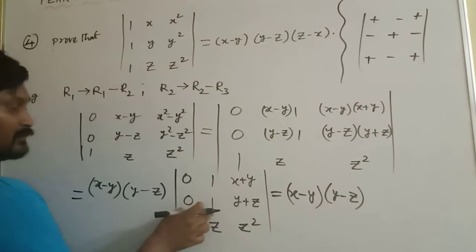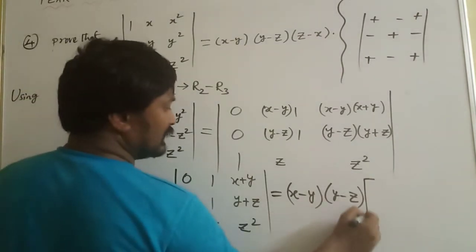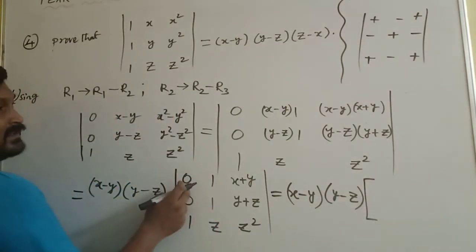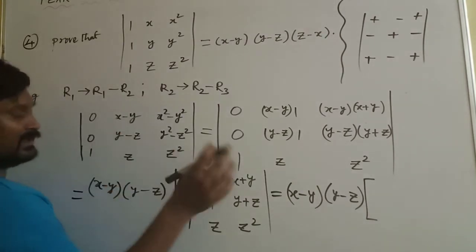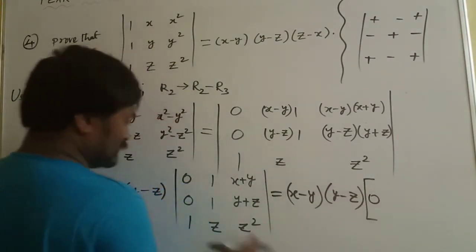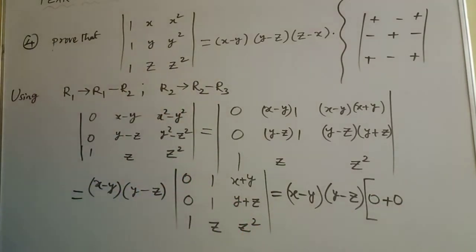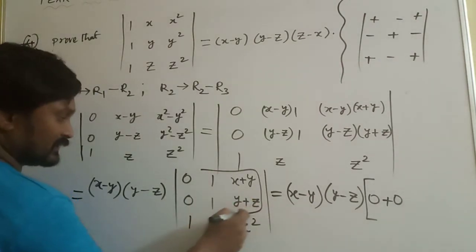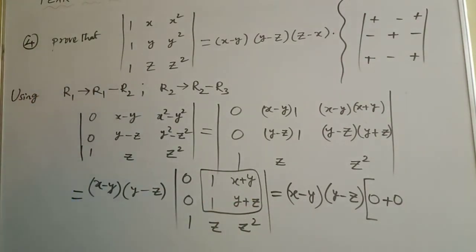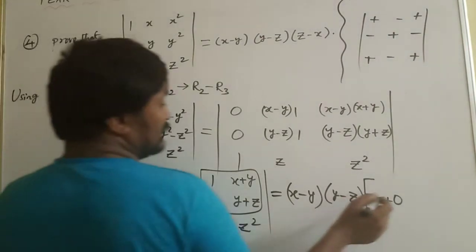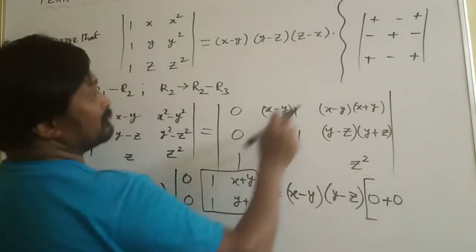Then this determinant value, how can I write? First 0, 0 into any number is 0, so it's 0. 0 into again any number is 0. Right? Then third one it is 1 into whatever is left in this one, that you have to multiply and subtract, right? So 1, what is the symbol here?